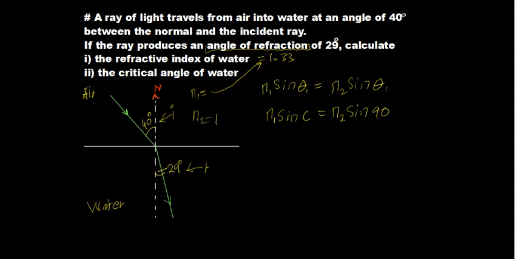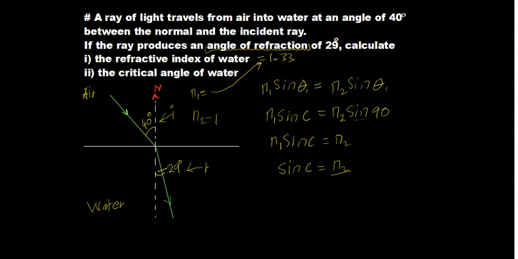Okay, so when you go to your calculator, sine 90 is basically a 1. So what you're going to have is n1 sine C is equal to n2, because you have n2 multiplied by 1. So we make sine C the subject of the formula. That would be sine C is equal to n2 divided by n1.